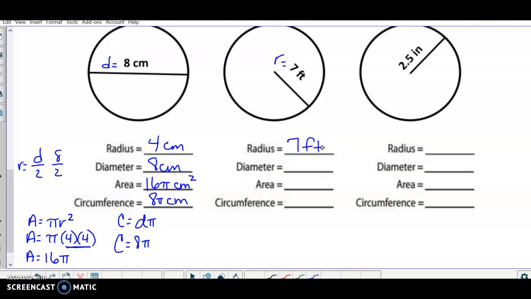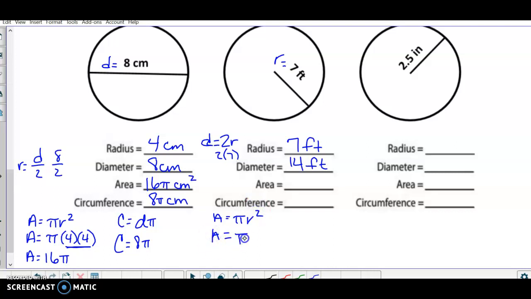and we know that diameter, they gave us the radius, diameter is 2 times the radius. So if I said 2 times 7, I get a diameter of 14 feet. So if I wanted to find the area, again, I'm always writing that formula out, A equals pi r squared.